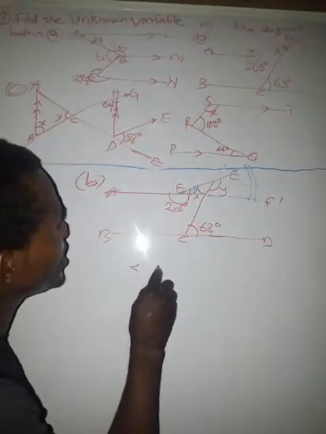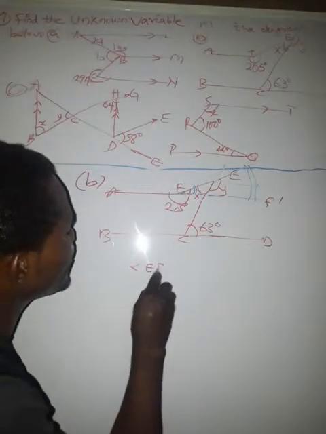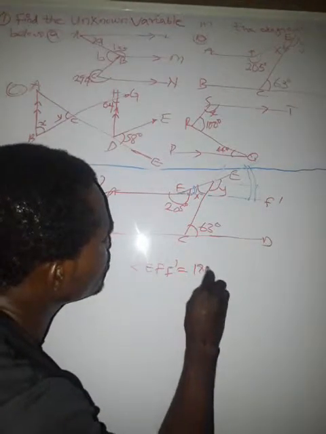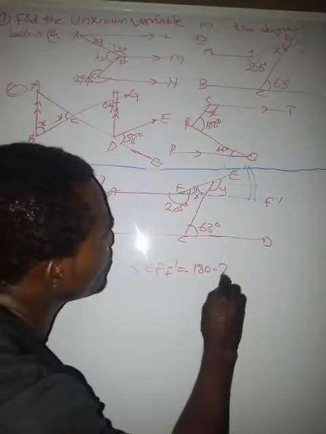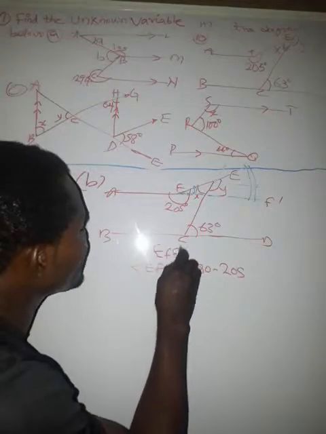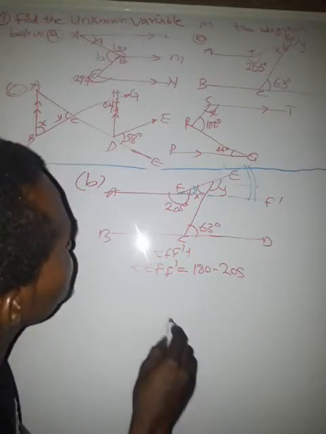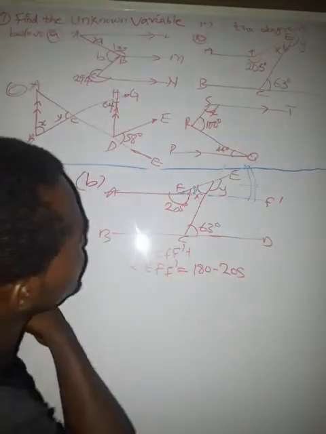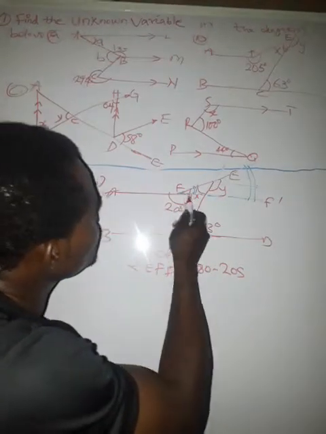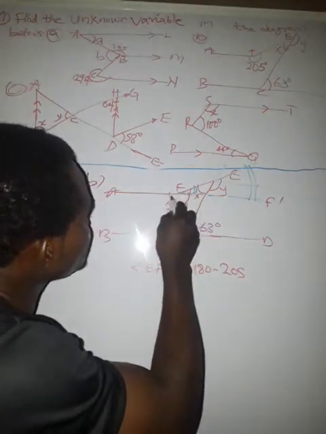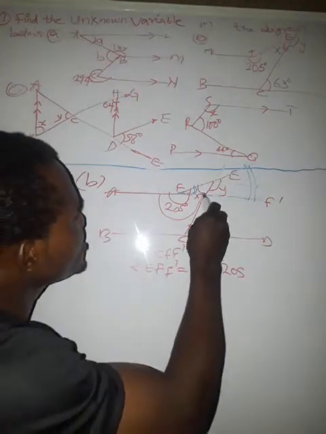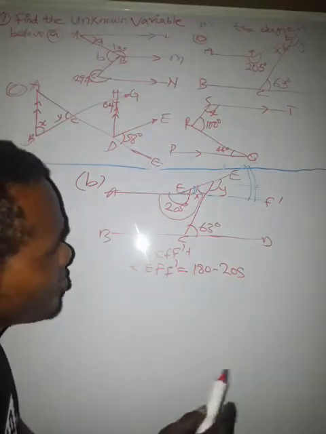So angle EFF prime plus the other angle: if you have a straight line here, the angle from here down to this place is 180. So the summation of this plus this should give me 205. I hope you are getting the point.